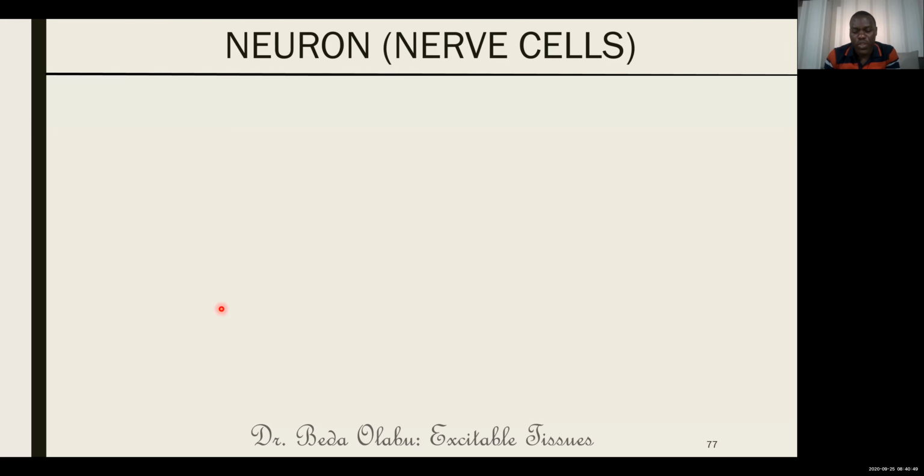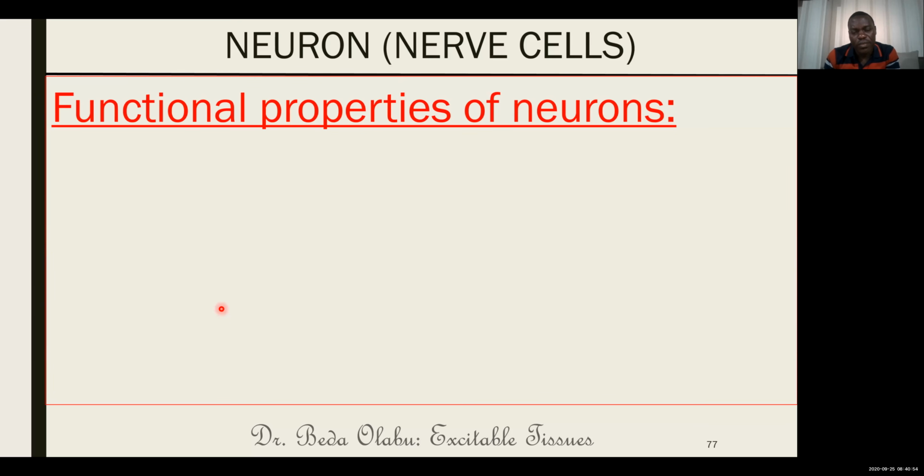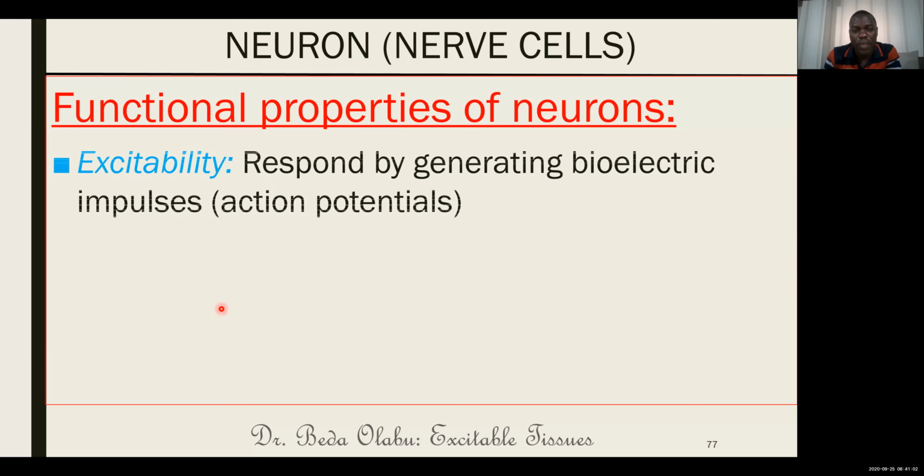Now let's talk about neurons. Neurons have 2 key functional properties that I want to explain. One of them is that neurons are excitable. Neurons are excitable cells. What does that mean?